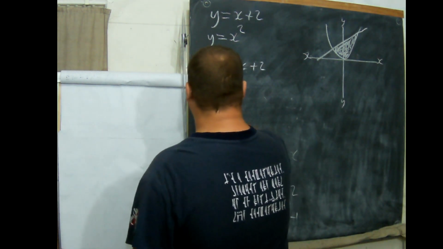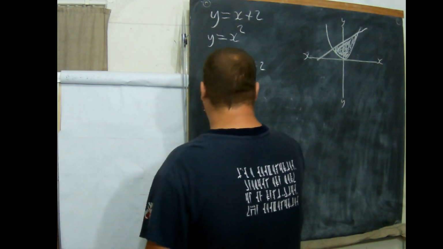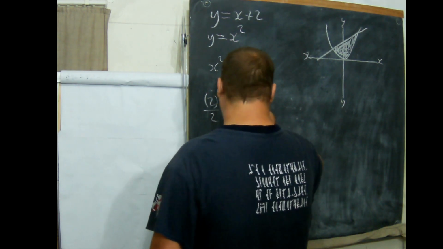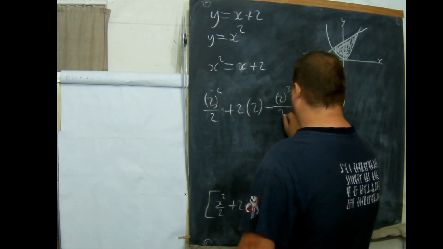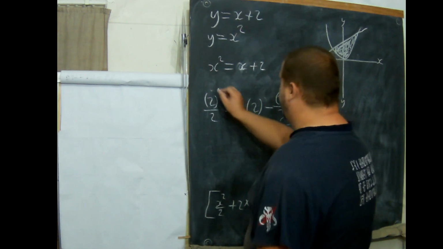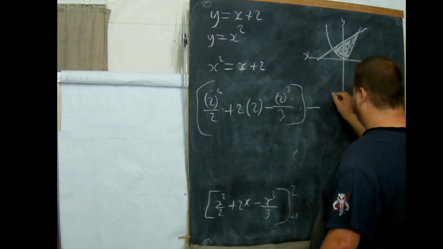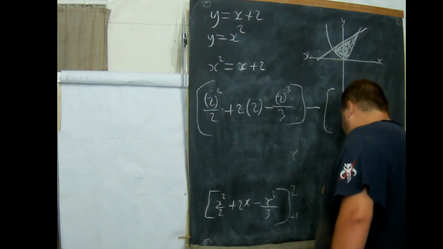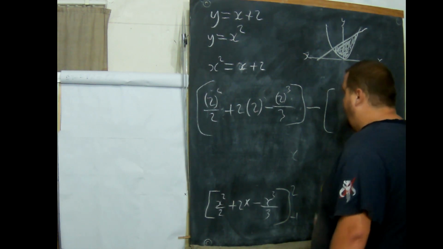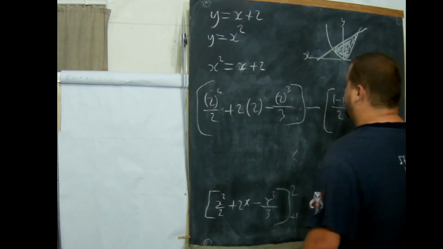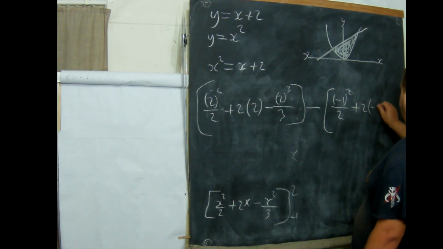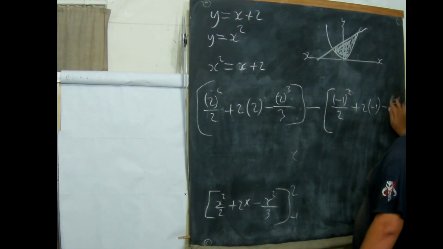So this is 2 squared over 2 plus 2 times 2 minus 2 to the power 3 over 3, in a square bracket, minus, minus 1 squared over 2 plus 2 times minus 1 minus minus 1 cubed over 3.